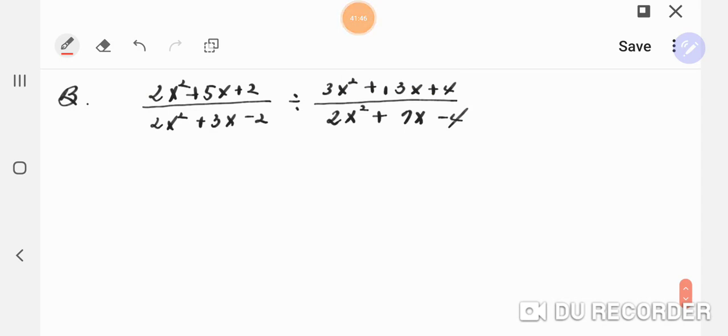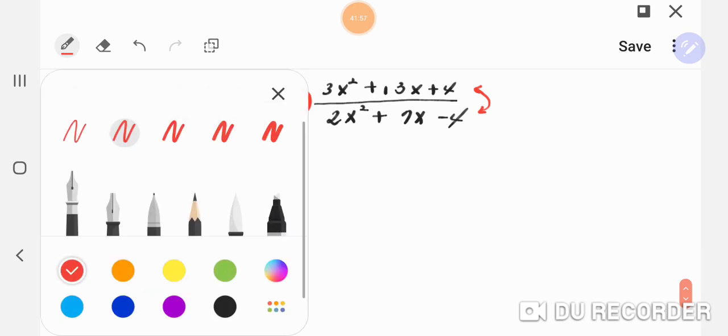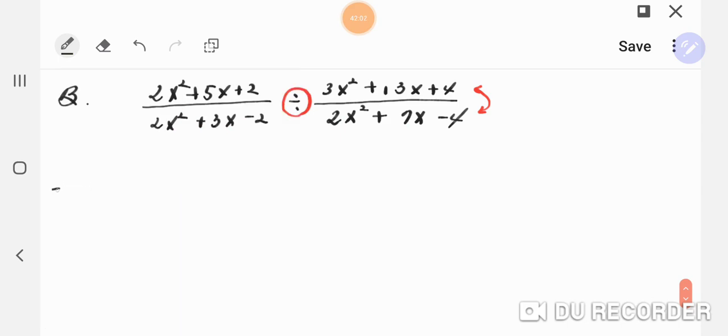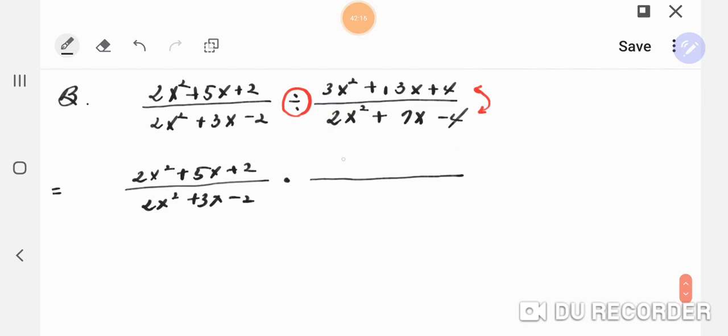Okay, letter B, we want to divide this rational expression. When we divide, we change this to a multiplication. Then what do we do with this fraction? Interchange. So let's rewrite the expression: 2x squared plus 5x plus 2 over 2x squared plus 3x minus 2, times the interchanged fraction, 2x squared plus 7x minus 4, and the numerator becomes the denominator.